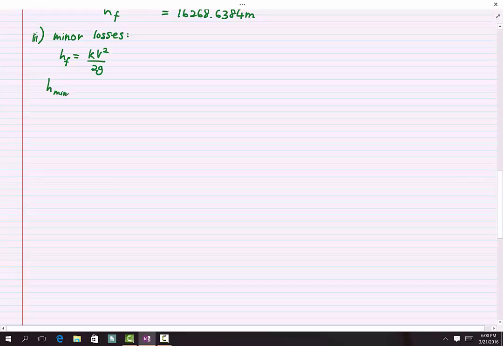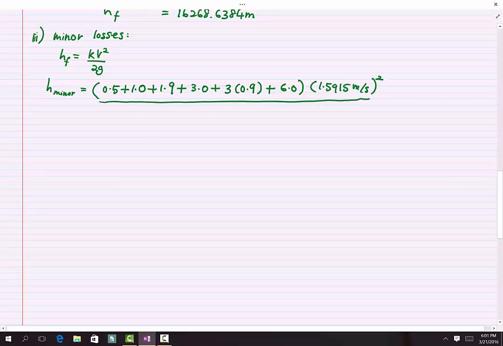So H minor equals 0.5 plus 1.0 plus 1.9 plus 3.0 plus 3 quantity of 90-degree elbow plus 6, which is 1 unit of pump, times 1.5915 meter per second squared, divided by 2 times 9.81 meter per second square.